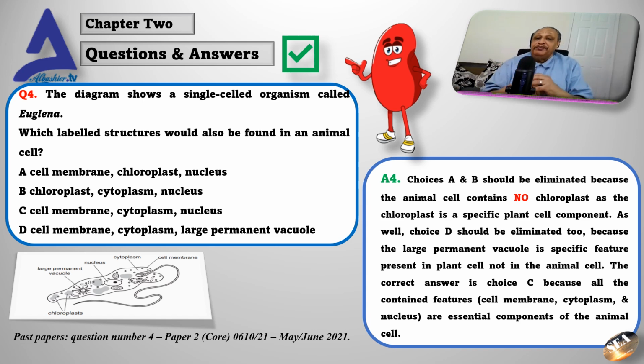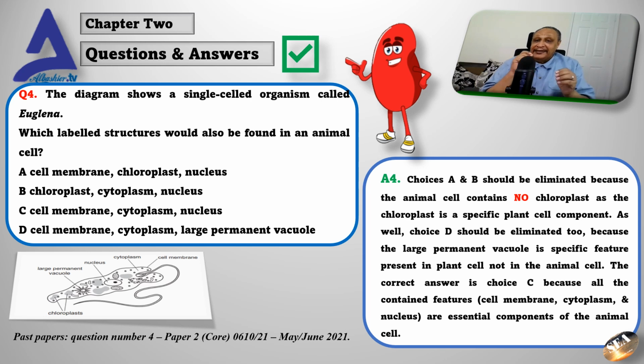Choice D should be eliminated too. Why? Because the large permanent vacuole is a specific feature present in the plant cell, not in the animal cell. He wants me to compare with an animal cell, so anything that is specific to the plant cell, I should reject it.